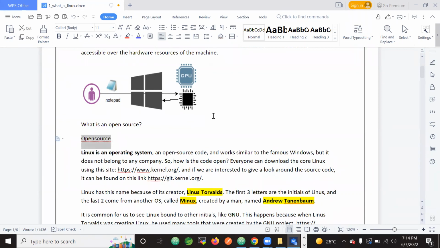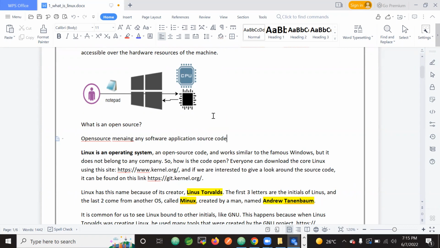Open source means any software application. Source code means the program, the instructions or the lines.